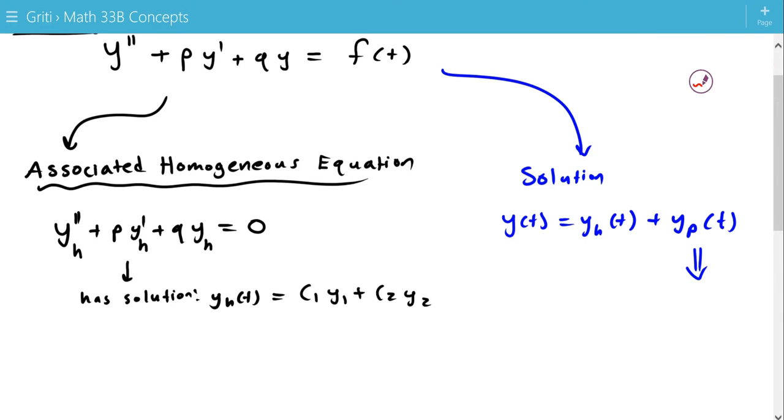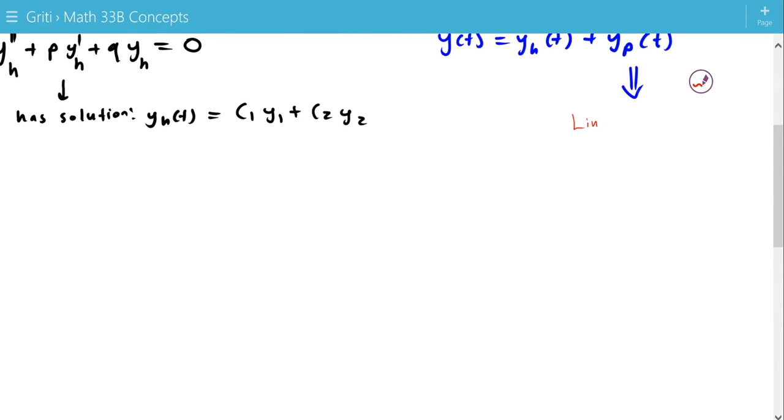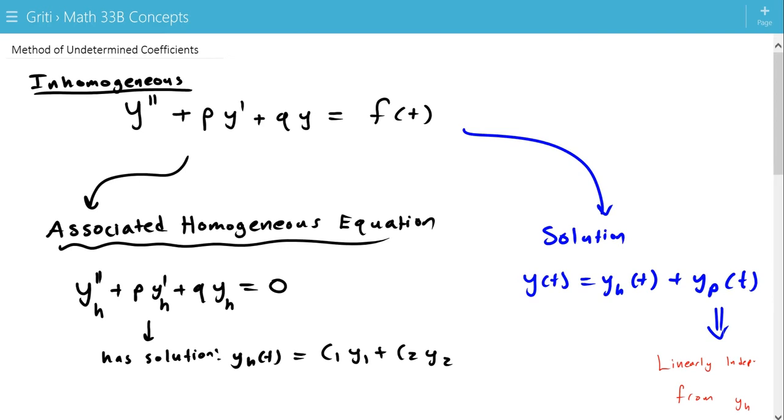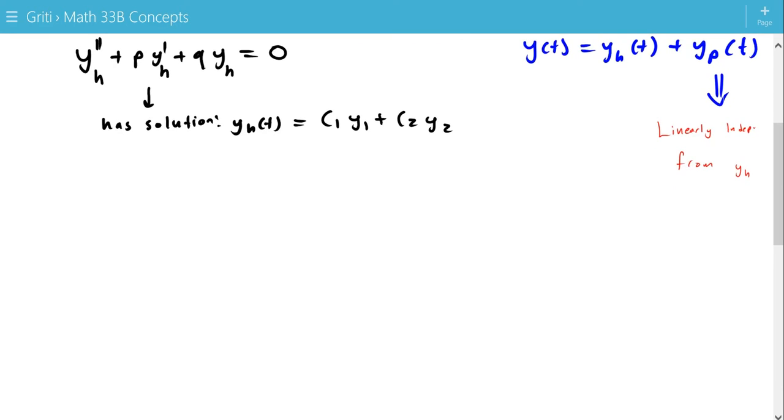And this is going to be linearly independent from yh. So this method of undetermined coefficients is just going to be about finding this particular solution.